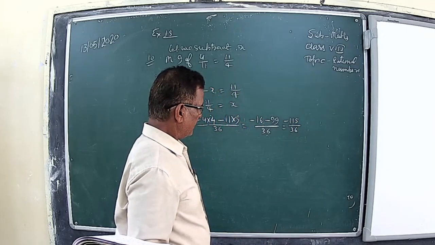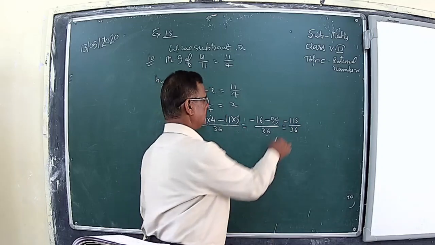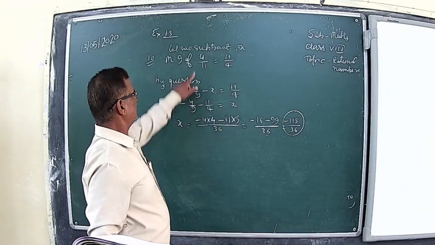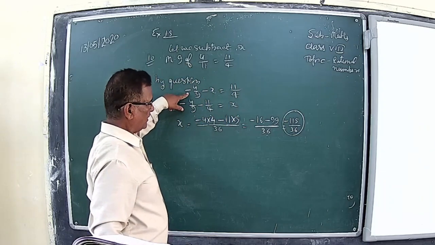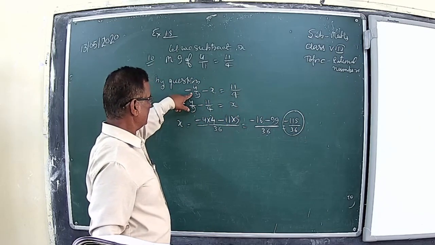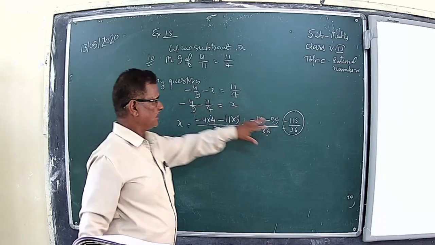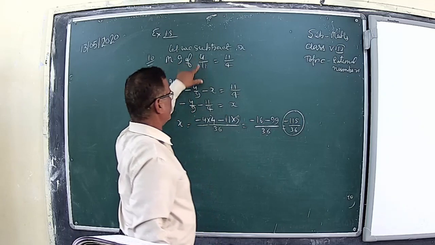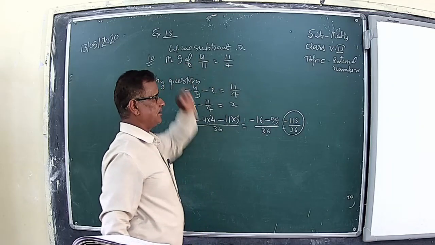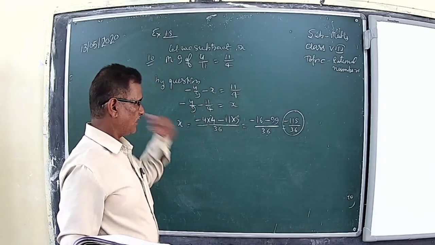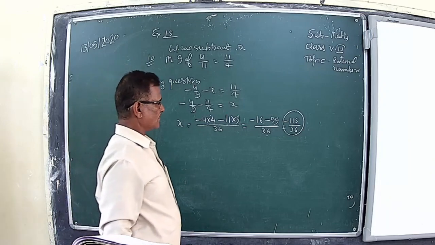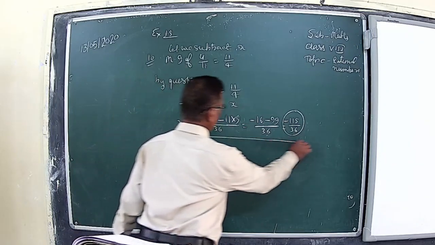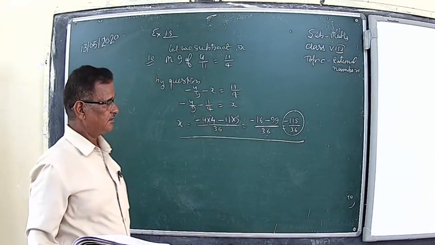This is the number which, when you subtract from minus 4 by 9, we get the multiplicative inverse of 4 by 11, which is 11 by 4. If you want to check, you can check this answer.